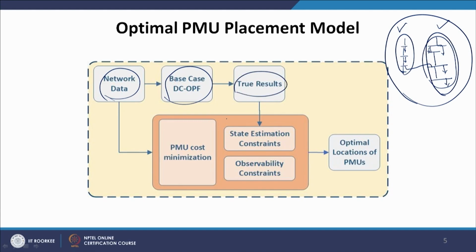Then, from the network data, we can obtain the PMU cost minimization algorithm, and then you can run your state estimation constraints and observability constraints, and finally you come out with your optimal locations.